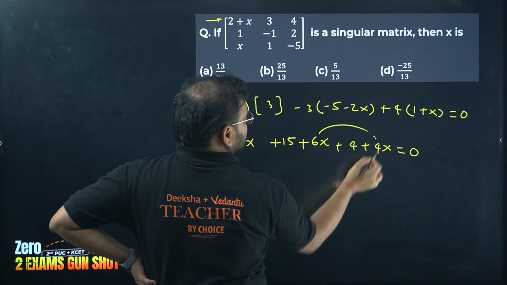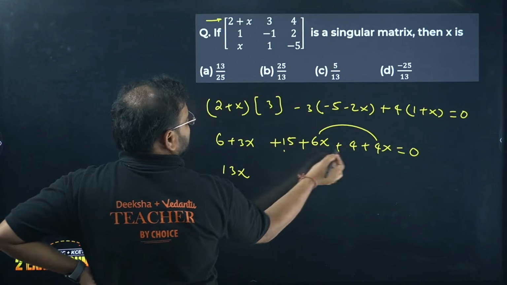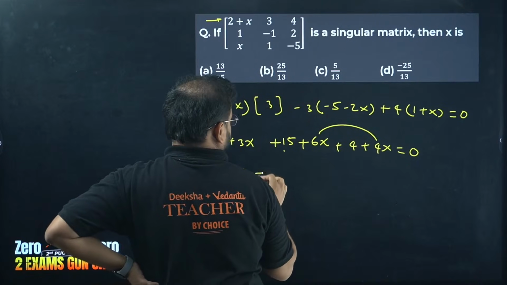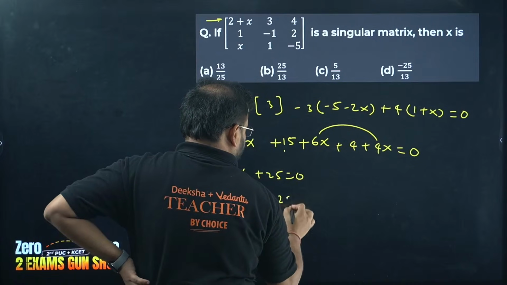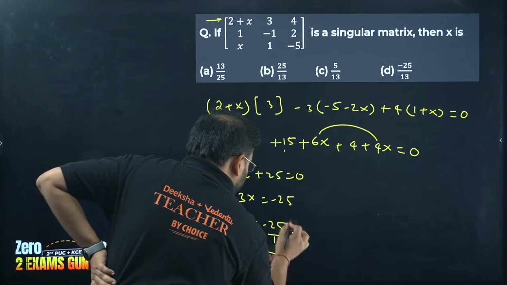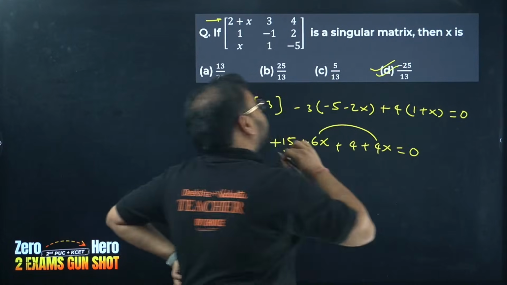So 6 plus 4 is 10, plus 3 is 13. 15 plus 10 is 25. Got it, answer is very simple. 13x is minus 25. X value is minus 25 by 13, which is my answer, option D.